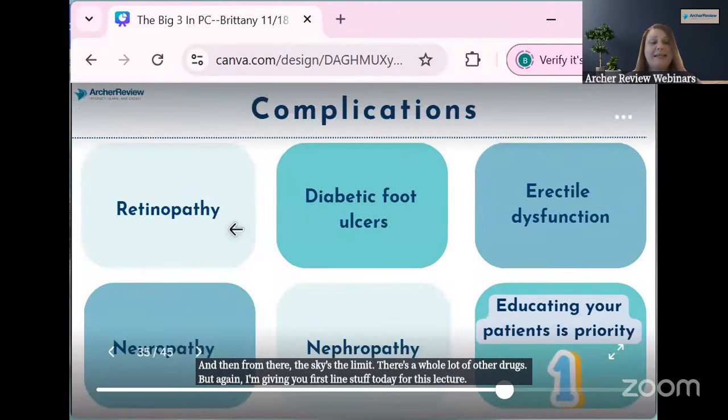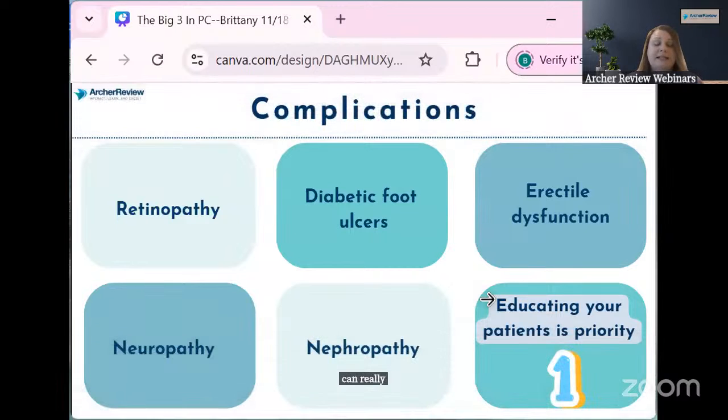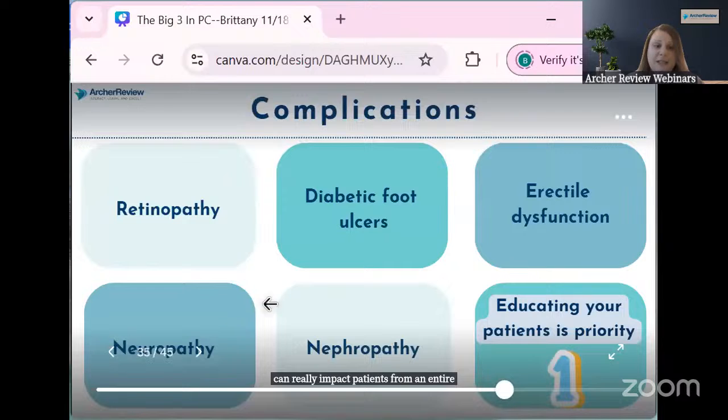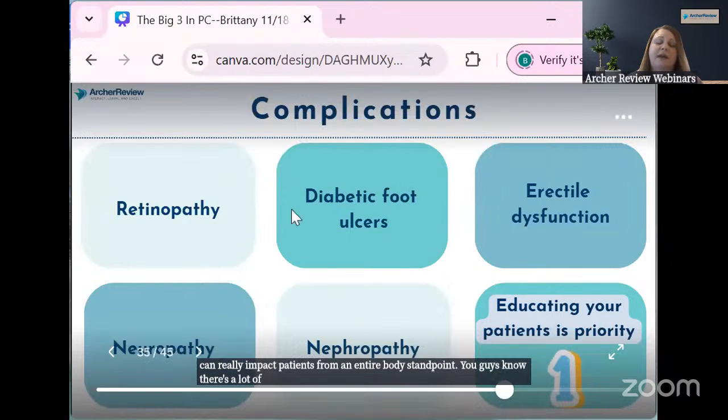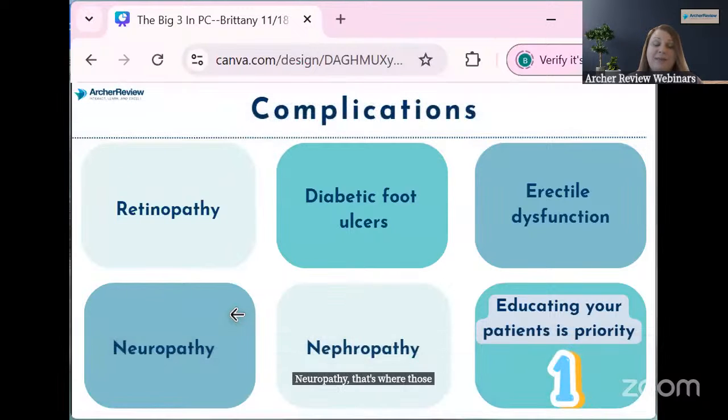All right, just an idea here. We've talked about how these disease processes can really impact patients from an entire body standpoint. You guys know there's a lot of complications associated with diabetes. So think of everything about their eyes, protection of their kidneys, and neuropathy, where those nerve fibers get damaged. A lot of times it's not reversible.